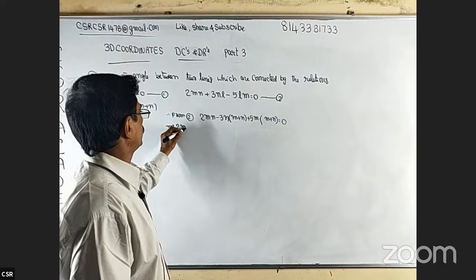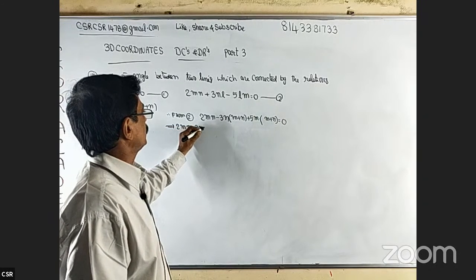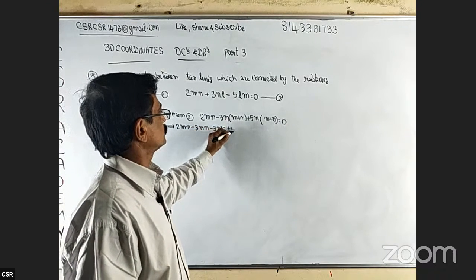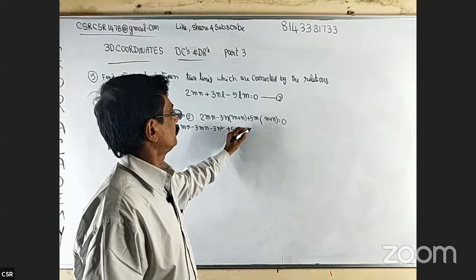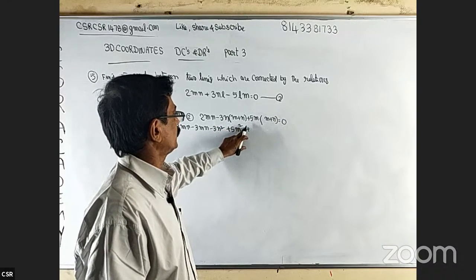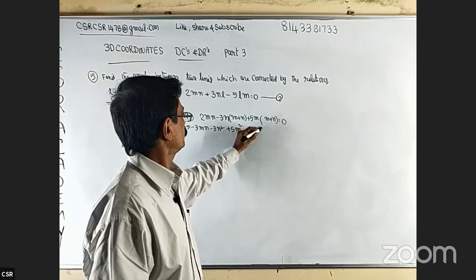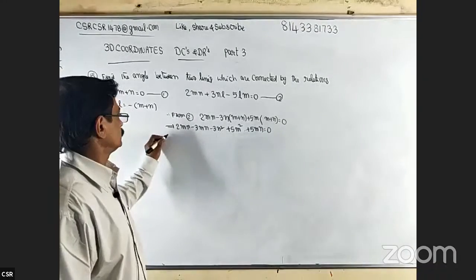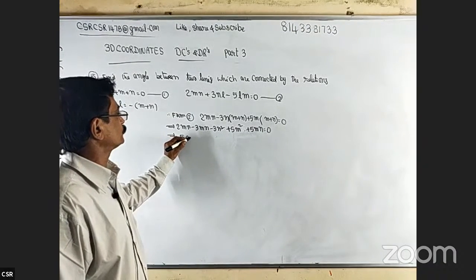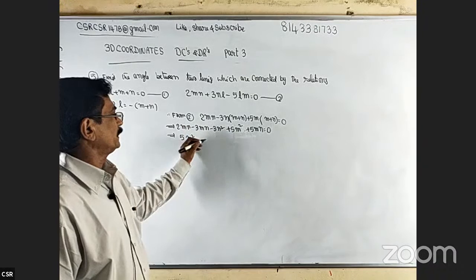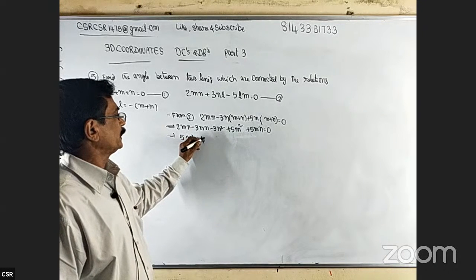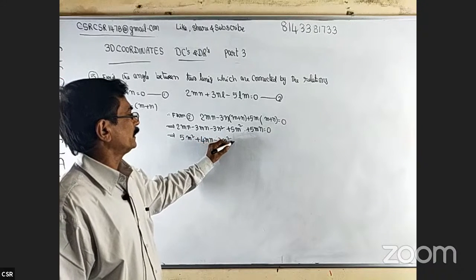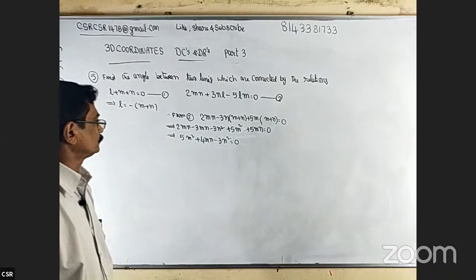This implies 2mn minus 3mn minus 3n square plus 5m square plus 5mn is equal to 0. Now write in order: 5m square plus 4mn minus 3n square is equal to 0.